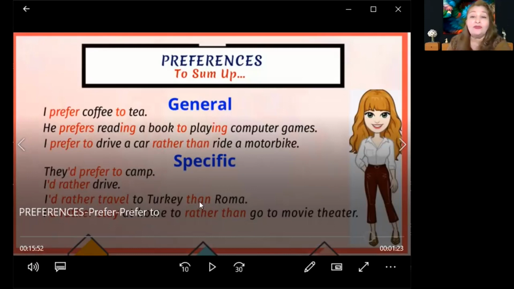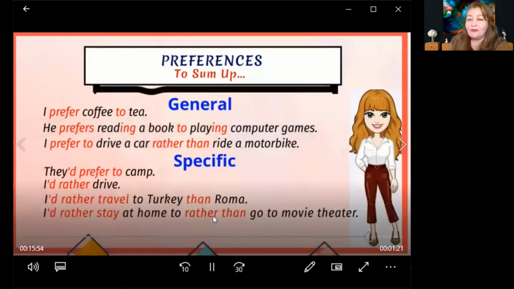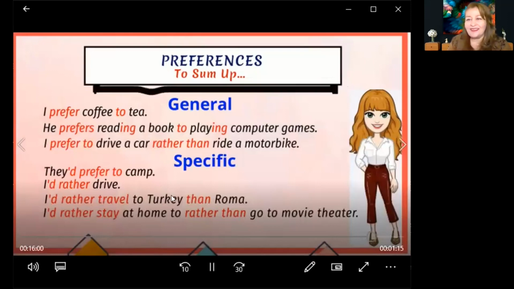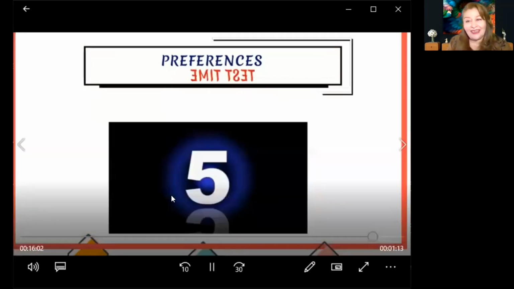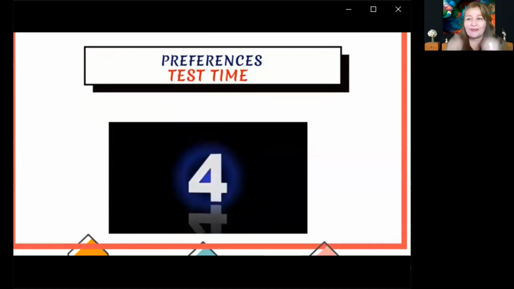I'd rather travel to Turkey than Rome. And this time we compared rather than. I prefer Turkey rather than Rome also. Okay. I'd rather stay at home rather than go to the movie theater. And in this part, in specific uses, we do not mention our general preferences. Let's test yourself, and I will stop talking.